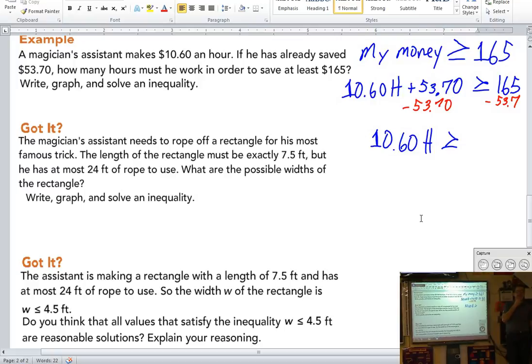That gives us that the amount of money I make per hour times the amount of hours will need to be greater than or equal to 109.3.